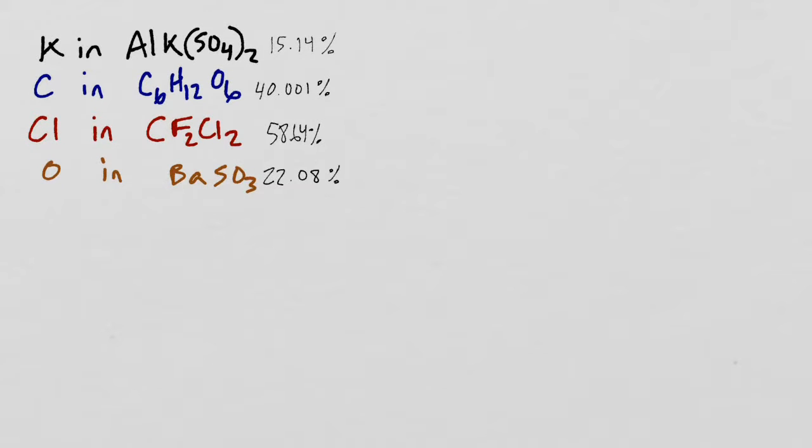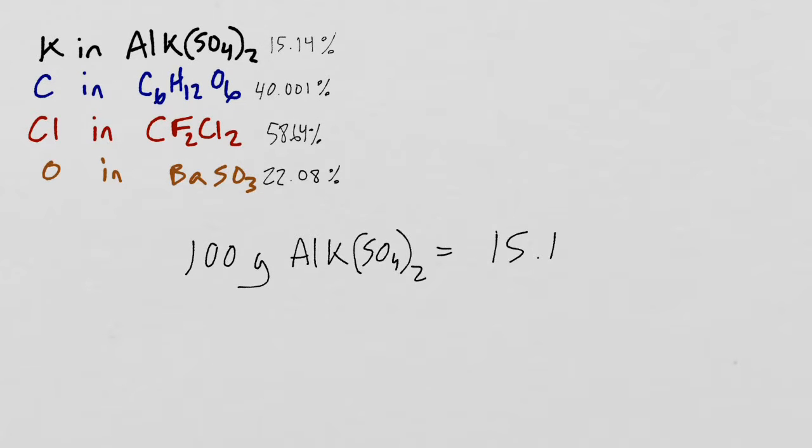Because this is essentially saying that if I had 100 grams of aluminum potassium sulfate, in that 100 grams I would have 15.14 grams of potassium. This is true anytime you see a percent, because a percent just means per 100. So in every 100 we have 15.14 grams of potassium.